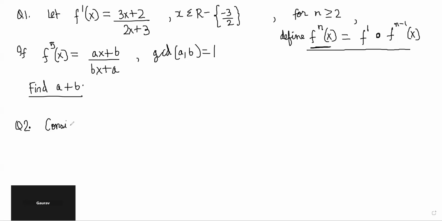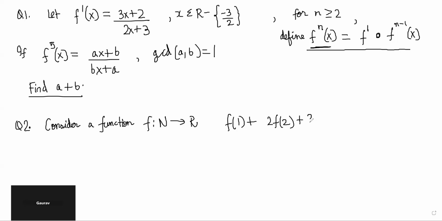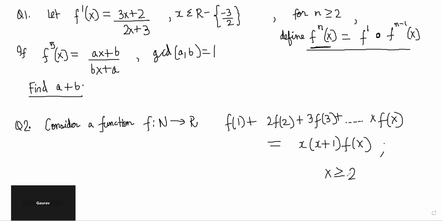Question 2 is, consider a function f from natural numbers to real numbers, which satisfies the relation f(1) + 2f(2) + 3f(3) and so on till x f(x) is equal to x(x + 1) f(x). Here x is greater than or equal to 2 and f(1) is equal to 1.